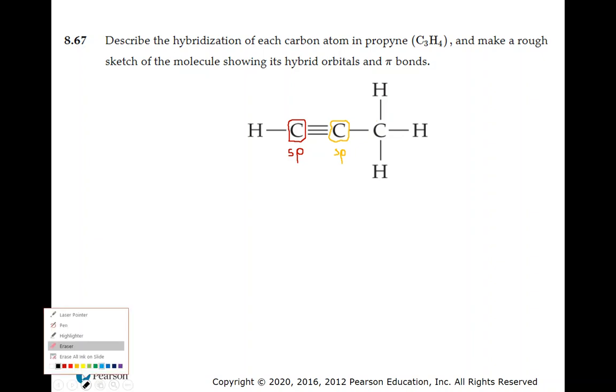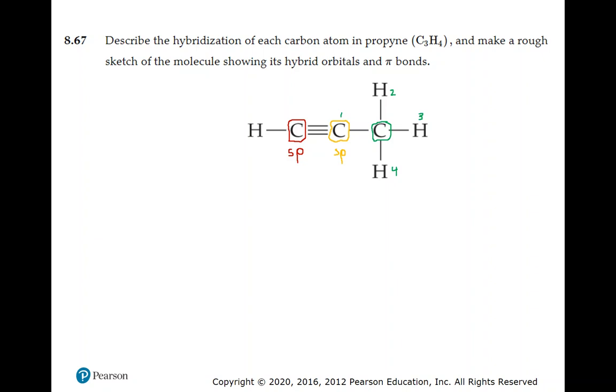And our third carbon, which is right here, I'll do this one in green. This is attached to 1, 2, 3, 4 different atoms. Again, it has no lone pairs. Carbon often doesn't have any lone pairs in most molecules, really. Since this is attached to not 2 but 4 atoms, that's the number of hybrid orbitals that we need to account for.